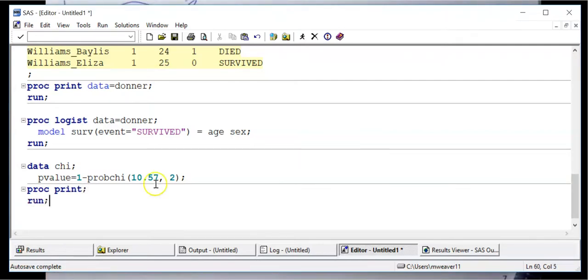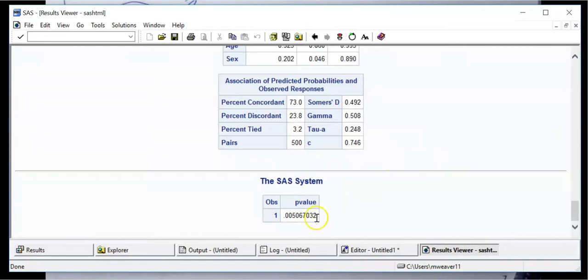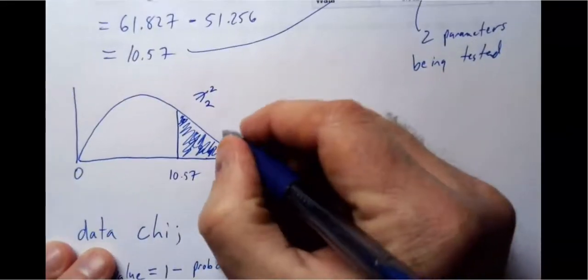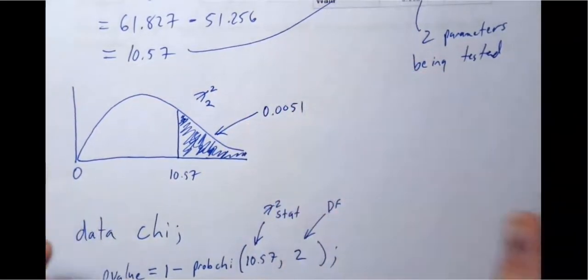So this should give us our p-value. 0.0051, I'm going to say. Don't round it. 0.0051. So this area is 0.0051.